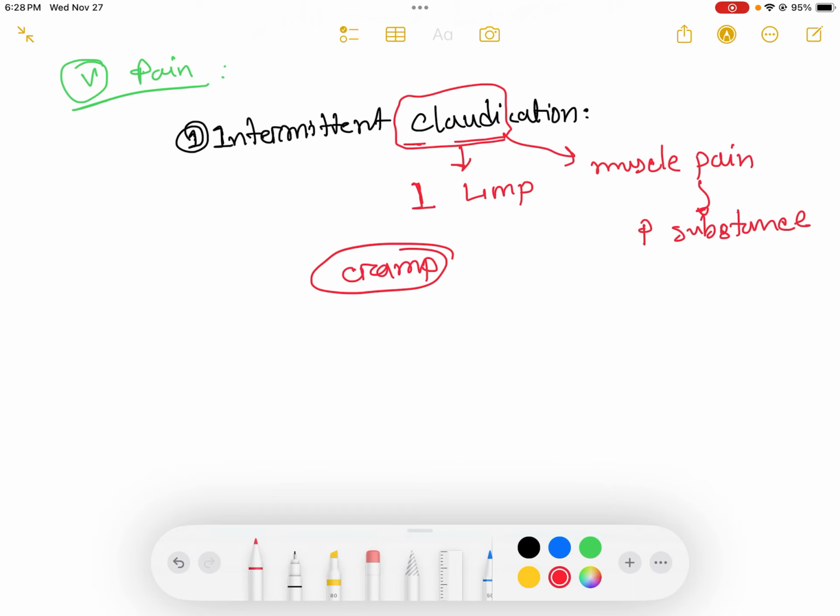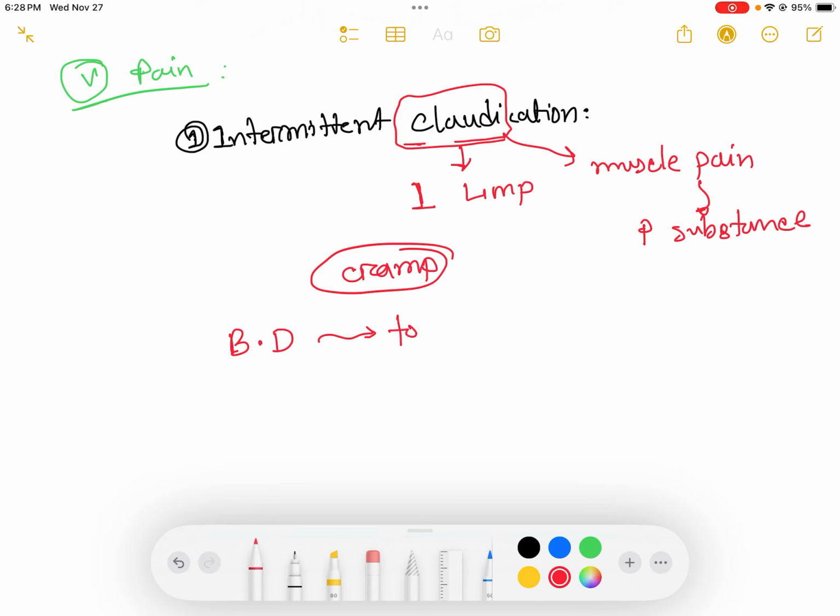The site of pain depends on the level of arterial occlusion. In the foot, as in Buerger's disease, the arterial occlusion is mostly in the lower tibial or plantar arteries.